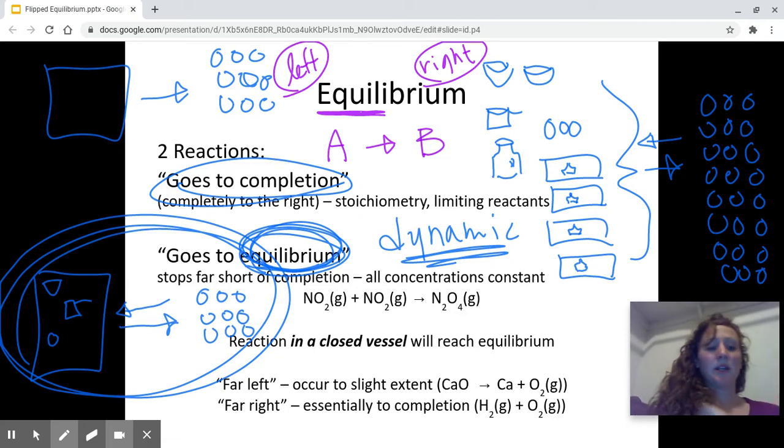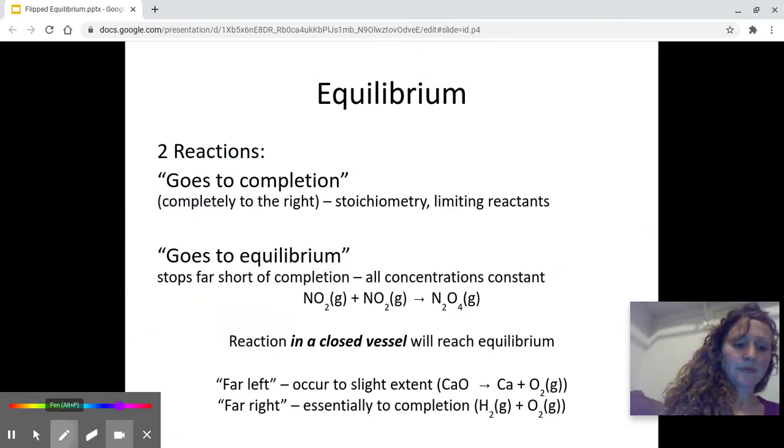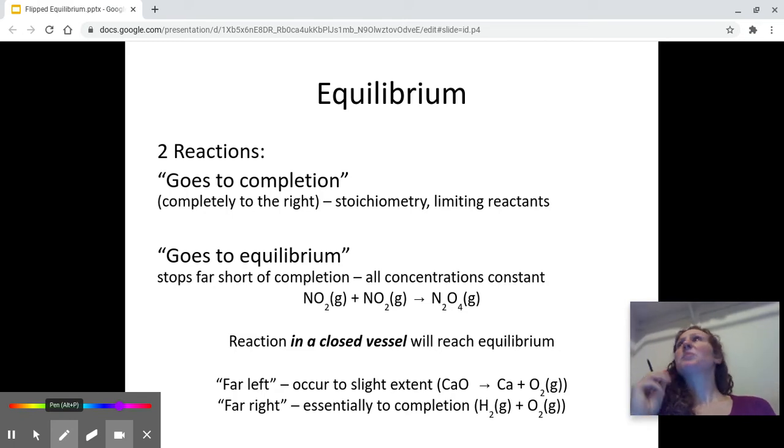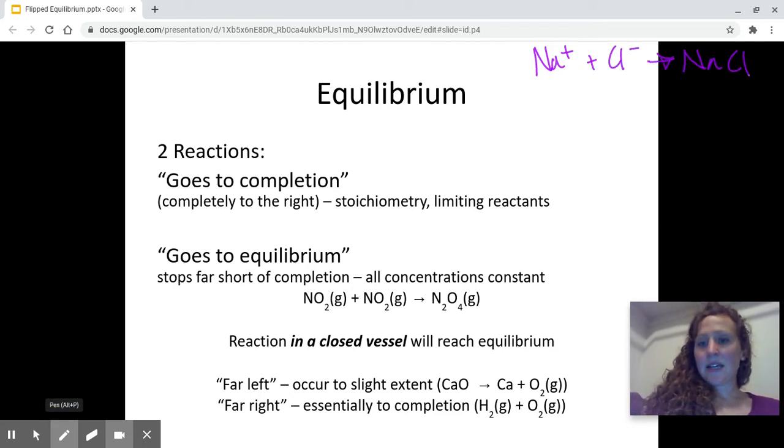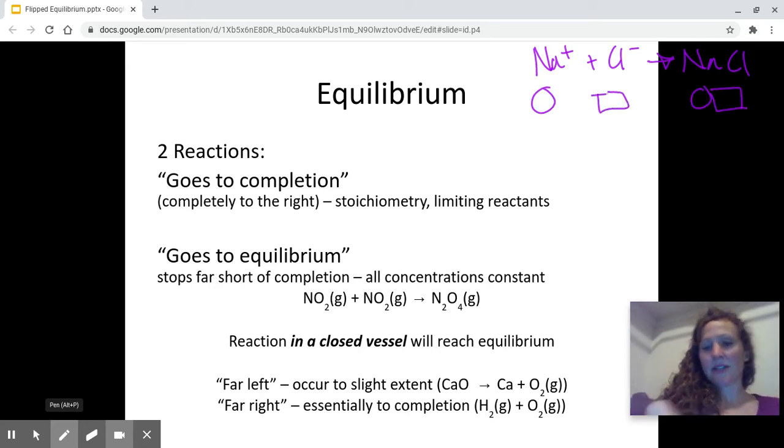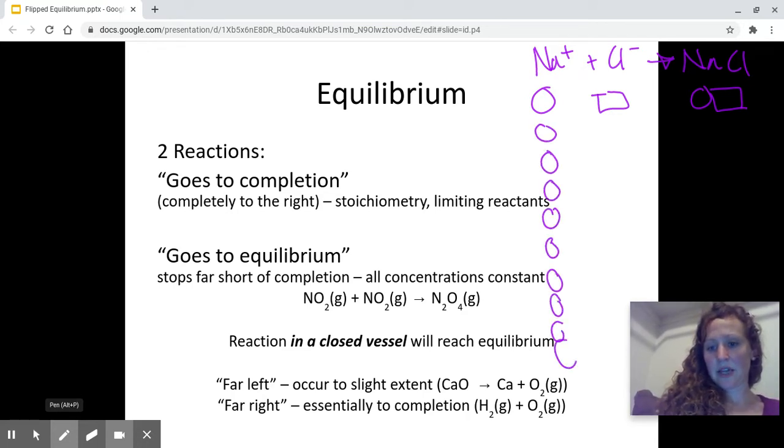So for example, let me draw this out for you. Let's pick a simple reaction. Na plus Cl minus goes to NaCl, okay? Na is going to be circles, Cl is going to be squares, NaCl is going to be a circle attached to a square. Got it? Okay, so let's say we start with 10 of our reactants. 1, 2, 3, 4, 5, 6, 7, 8, 9, 10.